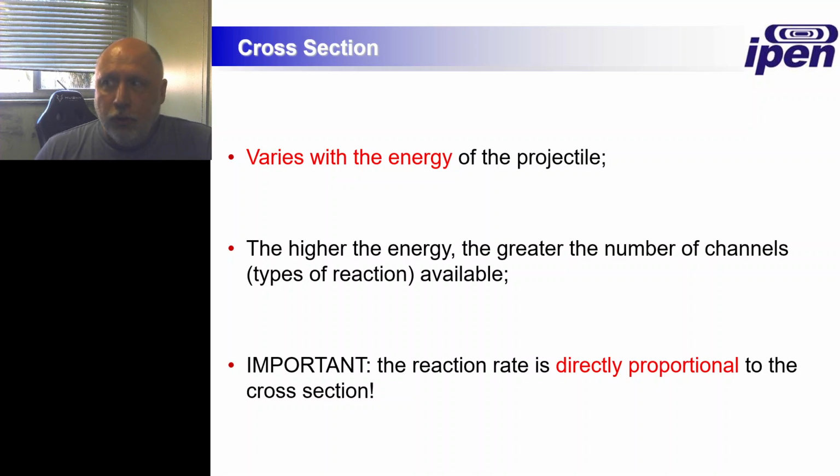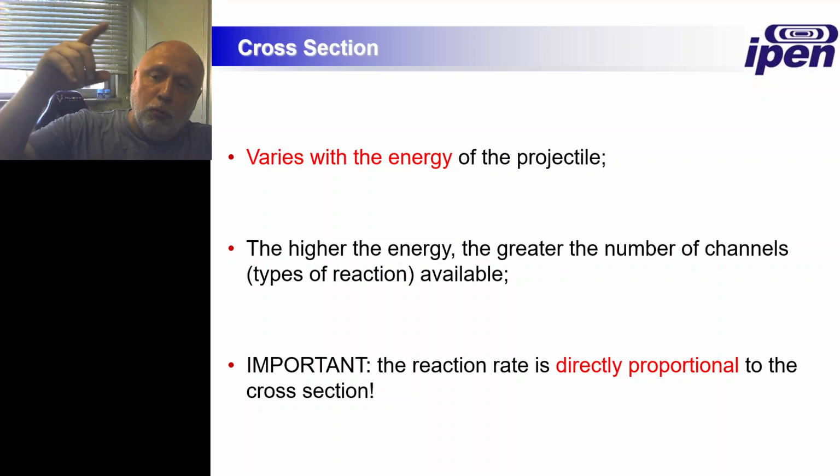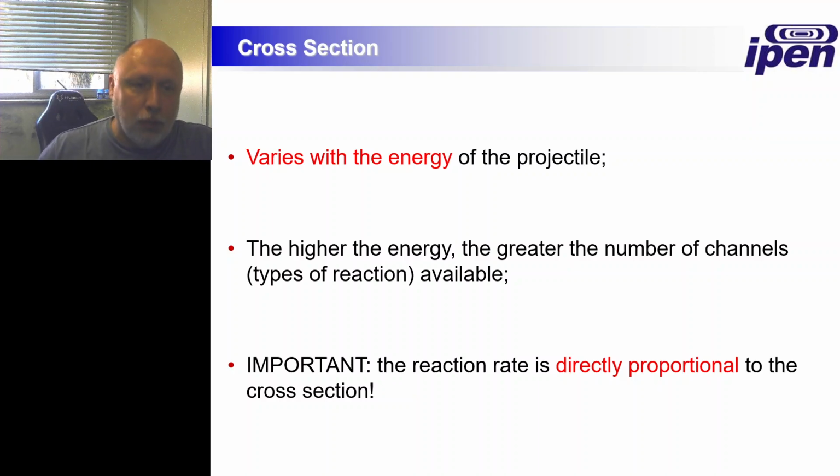And it doesn't change in a simple way. Sometimes you increase the energy, you reduce the probability. Sometimes you increase the energy, you increase the probability. Sometimes you increase the energy, it increases up to a point, then falls. Okay? One thing that's important, as I said before, the higher the energy, the greater the number of channels. Channels are each pathway of reaction, right?